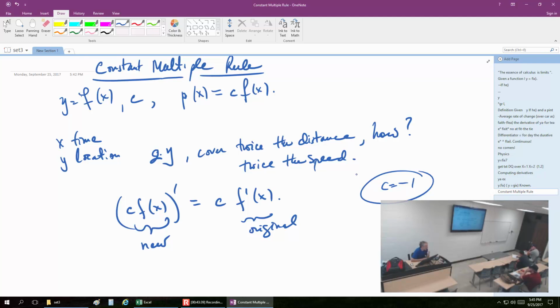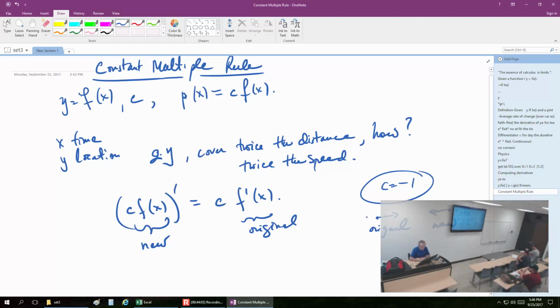And once again you ask yourself, what has happened to my velocity? It becomes the opposite. So the speed is the same, by the way. The speed is the absolute value of the velocity. But the velocity has reversed. So this was the original, and this is new. You're going as fast, but in the opposite direction.